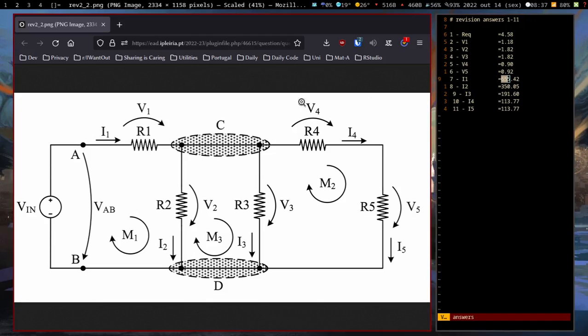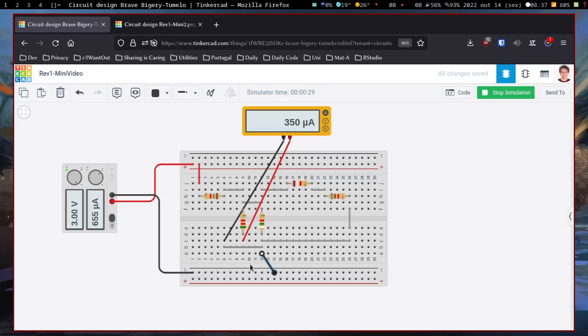I2, 350, I3 from R3. Similar situation. Let's undo what I just did.